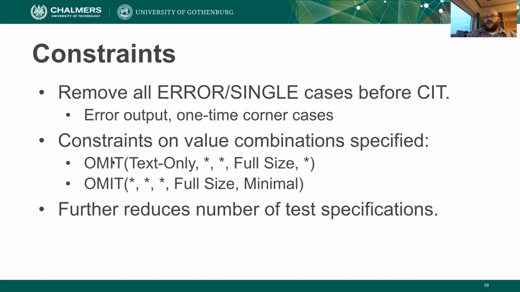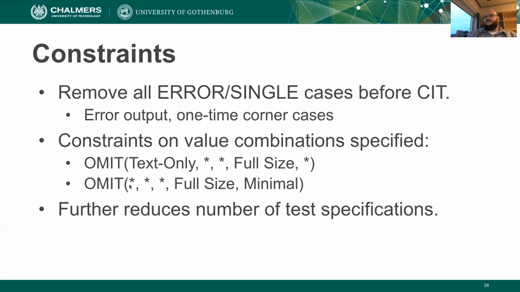We are going to omit at this any tests that have this particular combination of these two. Or for instance, minimal advertising might not be available on a full-size screen either. And so we're going to eliminate any combinations that have this pairing in them. Okay? So we can express these constraints as tuples with wildcards that match any possible value class. So we don't care about these three variables, but we do omit any that have this combination of full size and minimal, and that can be larger too, right?